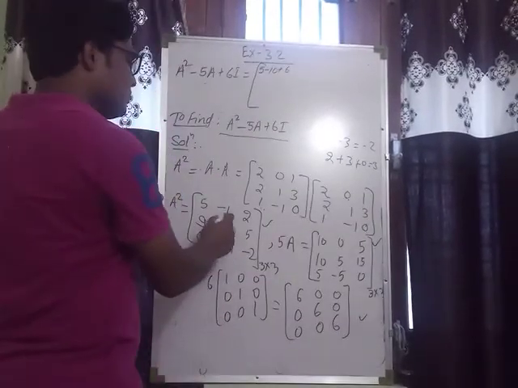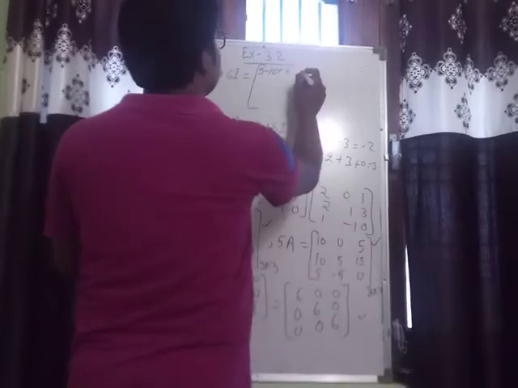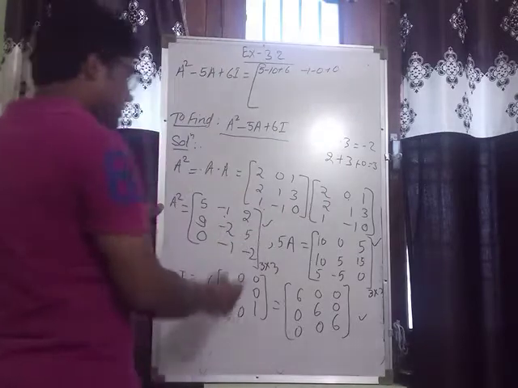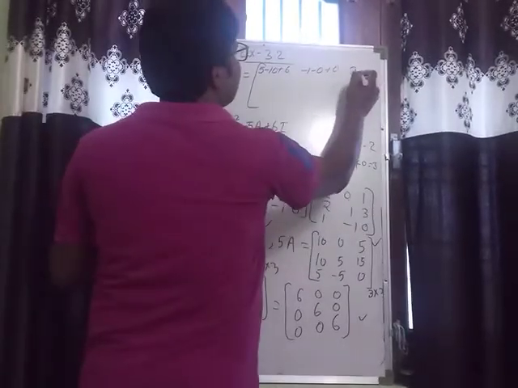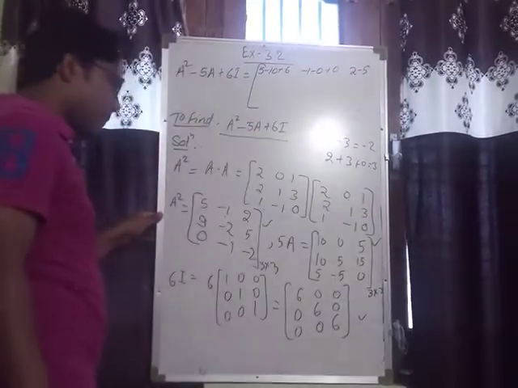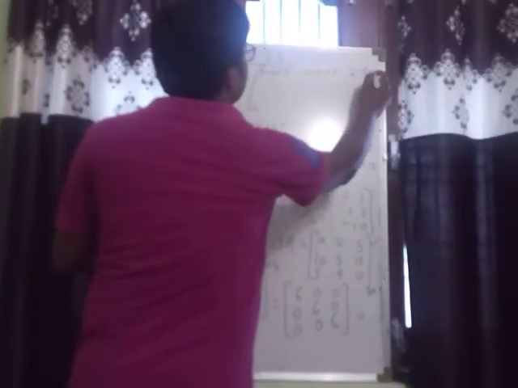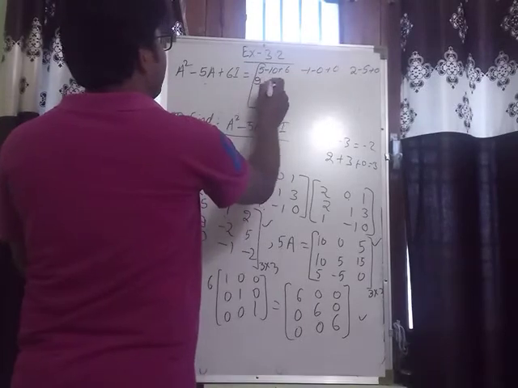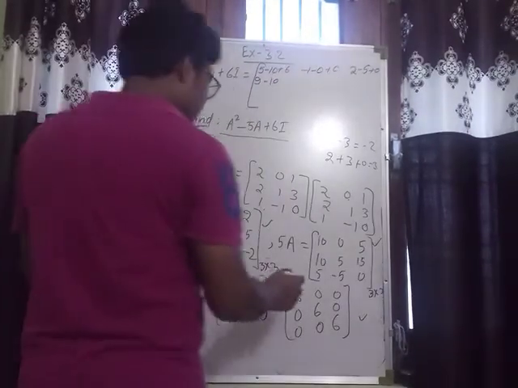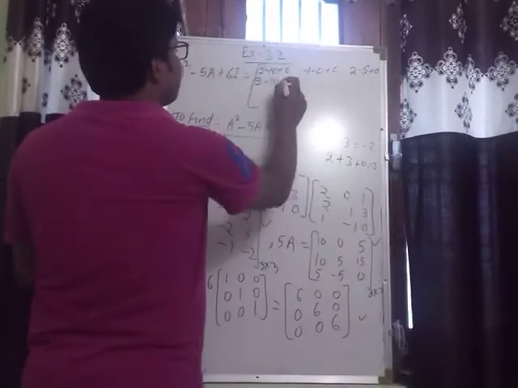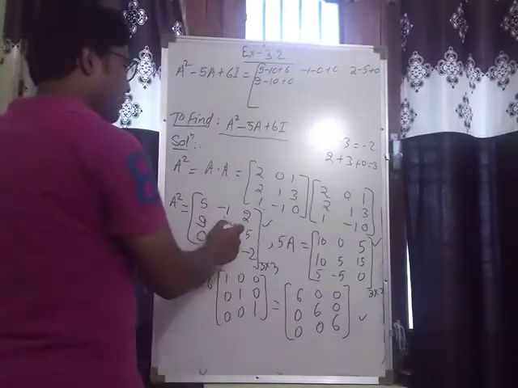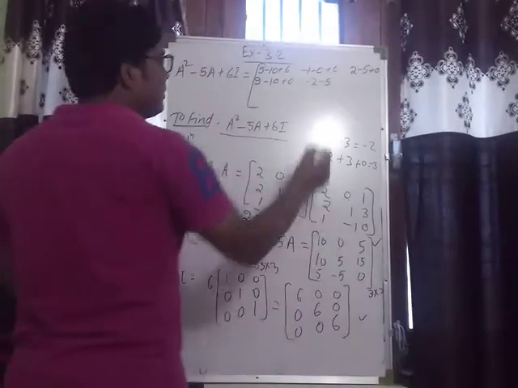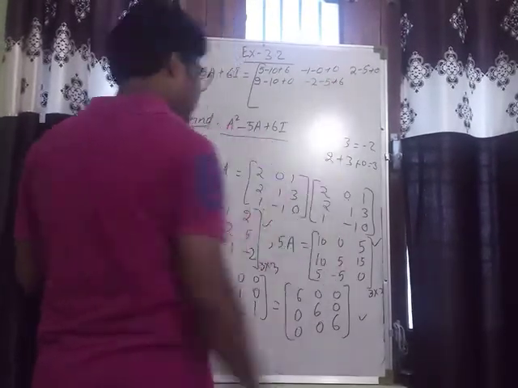After that, minus 1 minus 0, minus 1 minus 0 and plus 0. After that, 2 minus 5, 2 minus 5 and plus 0. Okay, after that 9 minus 10, 9 minus 10 and plus 0. After that minus 2 minus 5, minus 2 minus 5 and plus 6.